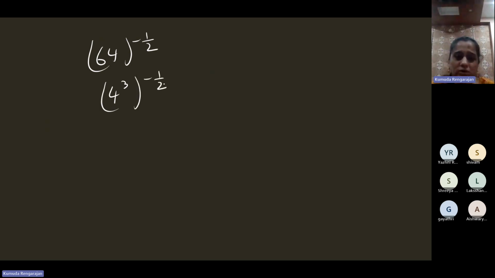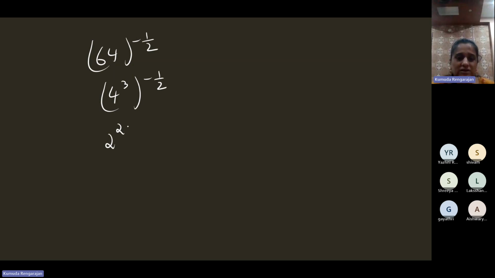And you're not happy with what you've written because the powers are not getting cancelled, right? You write 64 as 4 cubed, but you cannot simplify this. So what you should do is write 4 as 2 squared.